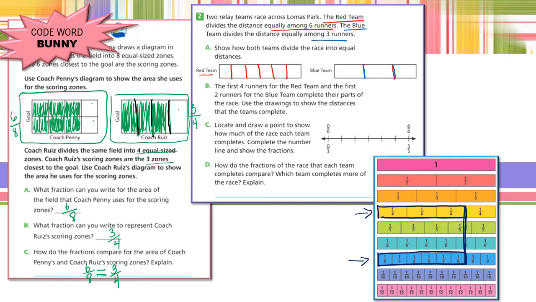Okay. The first 4 runners for the red team and the first 2 runners for the blue team complete their parts of the race. Use the drawings to show the distance that the team completes.